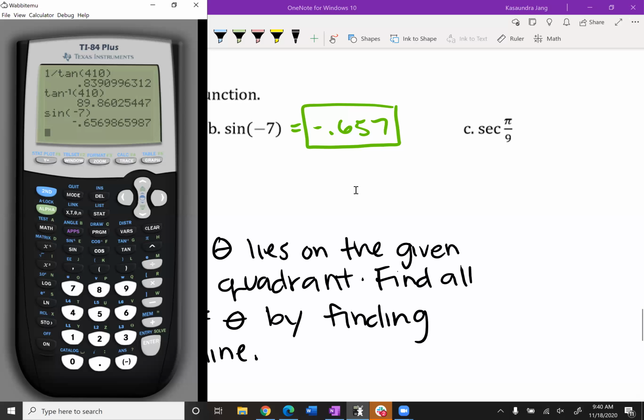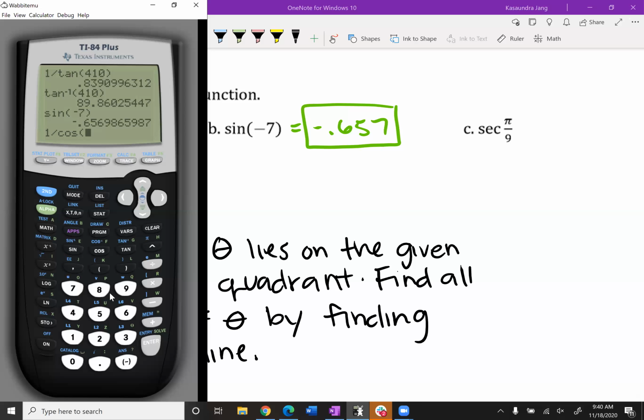Would it be 1 divided by sine? Nice, super close. I do need to do the 1 divided by. It's just not the reciprocal of sine though. Would it be tangent then? Nope, not tangent. Cosine? Yep. The reciprocal of secant is cosine. I know it's kind of tricky, like your S's don't go together. It's weird.